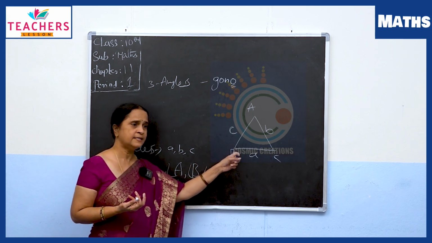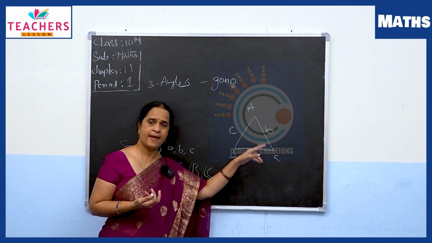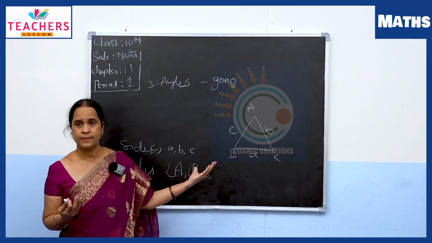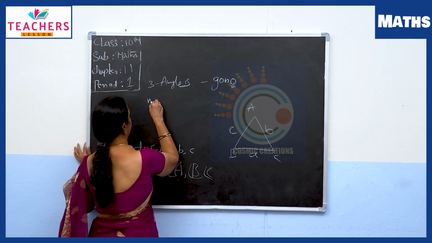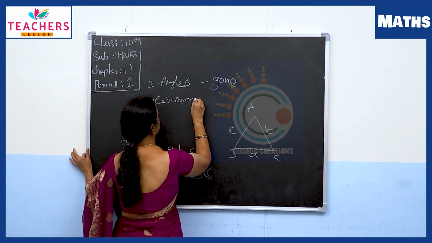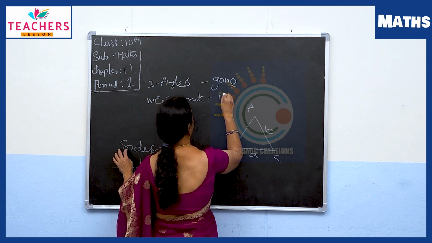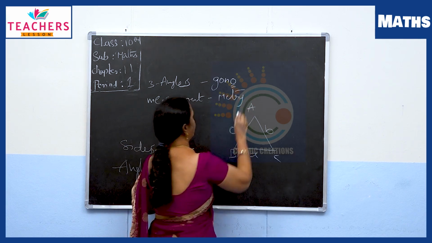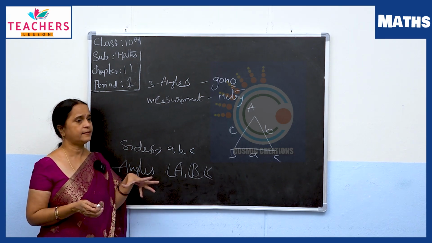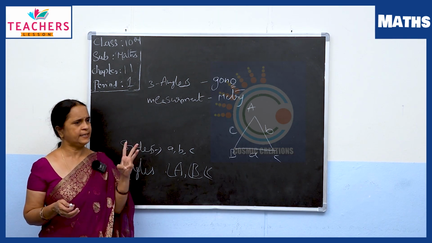Measuring the sides and measuring the angles. What are we going to do? We are measuring. So measurement is called metric in the Greek language. How many are there in a triangle? 3 sides and 3 angles.